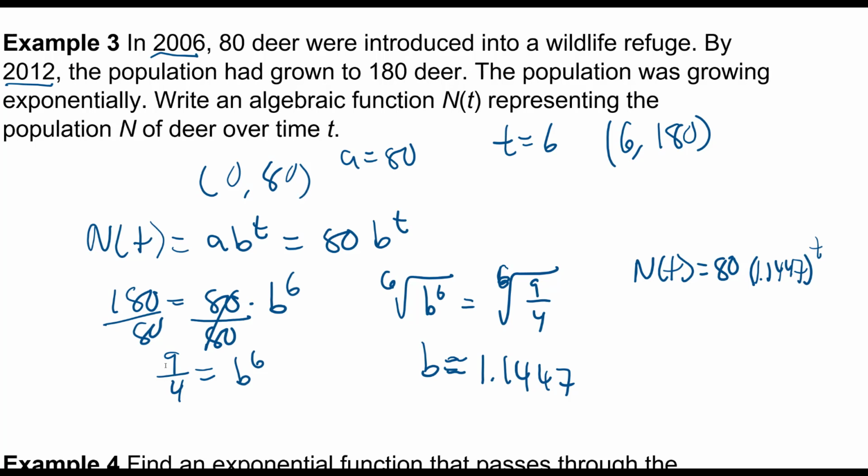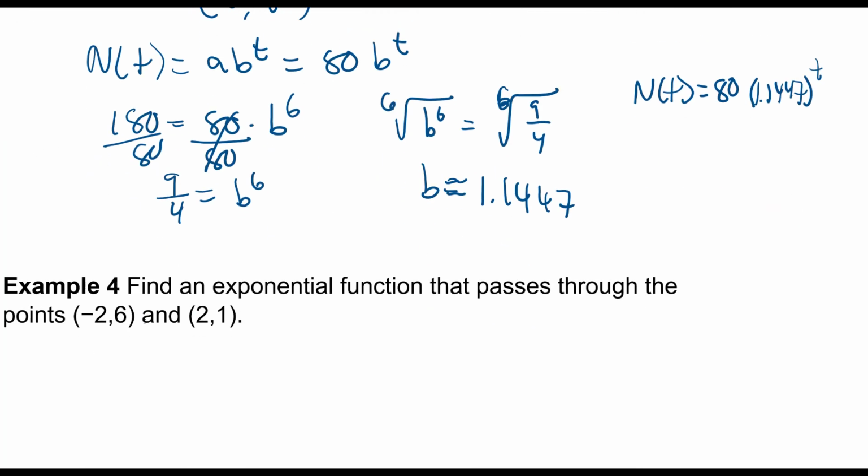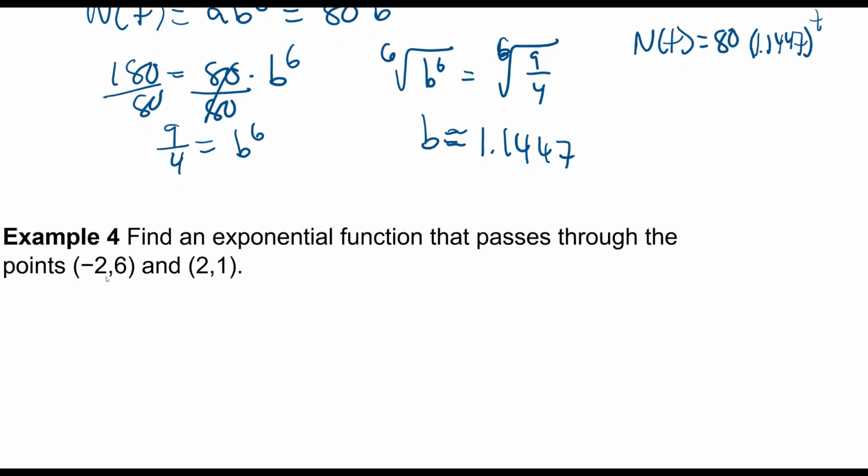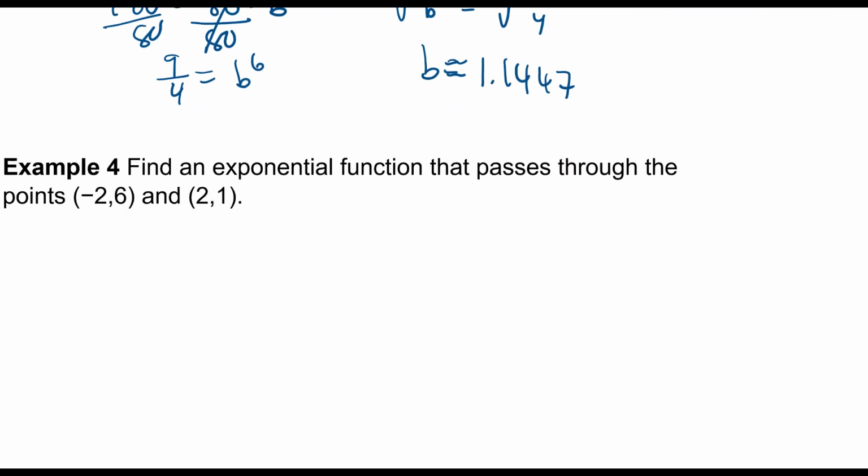Okay. Let's look at example 4 now. Example 4 says find an exponential function that passes through these two points. Now this one we don't have the y-intercept. So we can just write this as f(x) = a b^x.